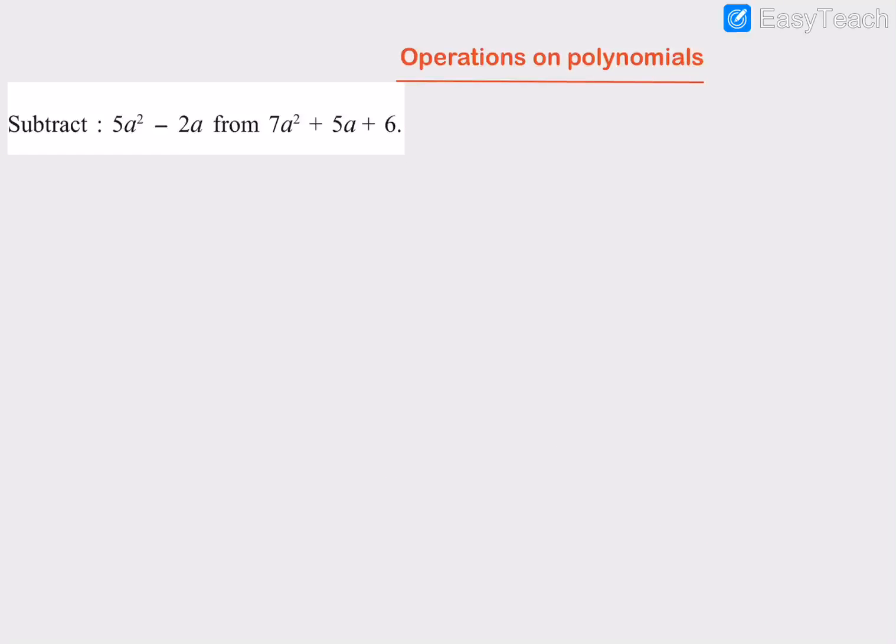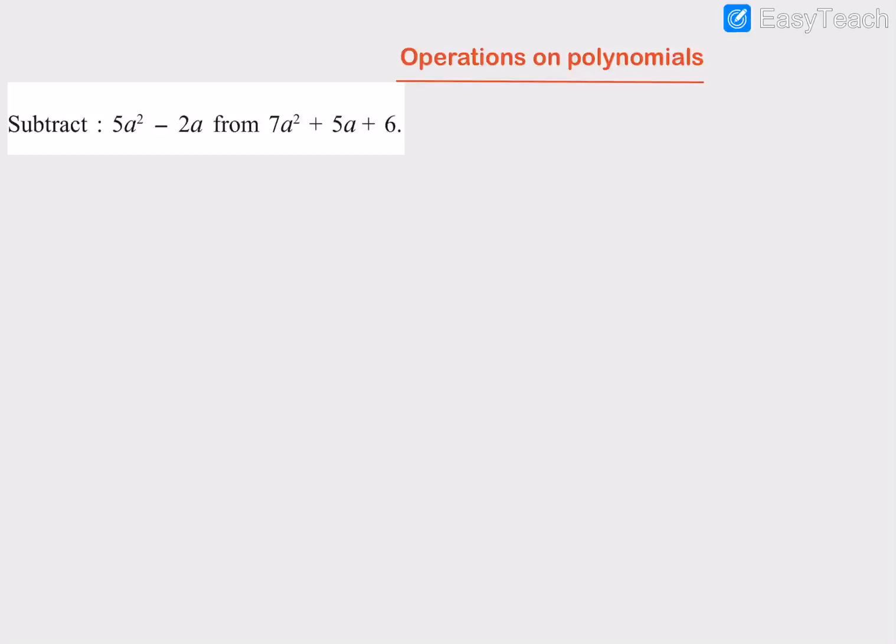Operations on polynomials. Here we have polynomials, since here 5a square minus 2a, and we have to subtract this from 7a square plus 5a plus 6. These are polynomials since they contain variable terms. How will we subtract it?